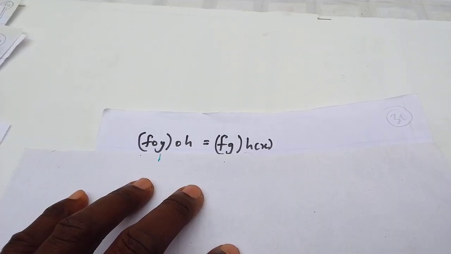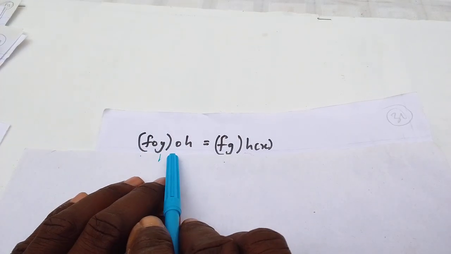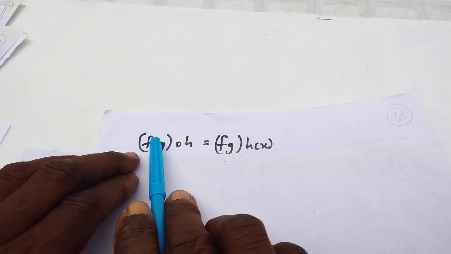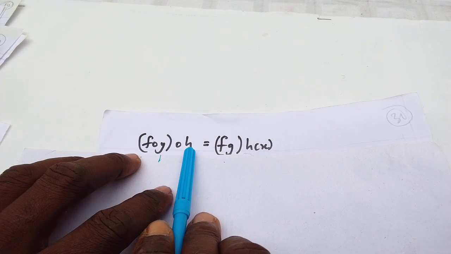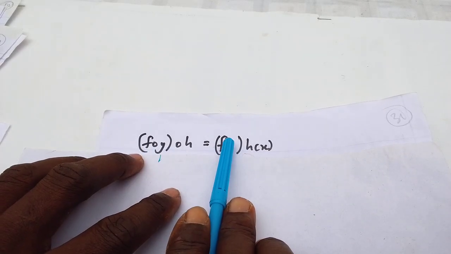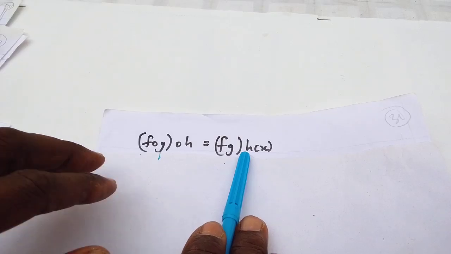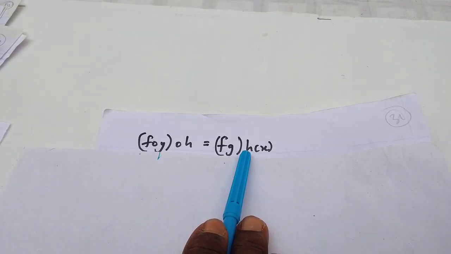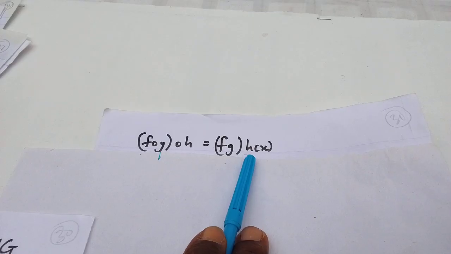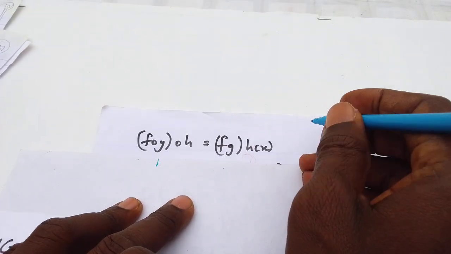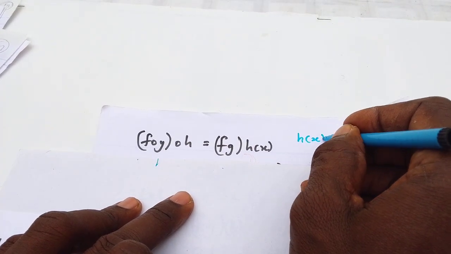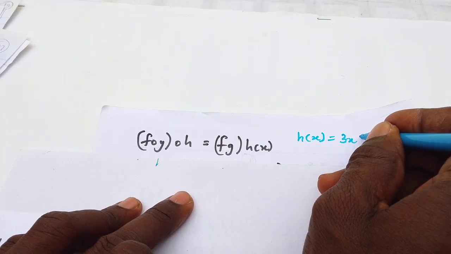Coming back to the original equation, what we are told to look for, f of g into bracket h. So we say this can still be written as fg into bracket h of x. Now you are having what? h of x here, and you know from the question that our h of x is what? 3x plus 2.